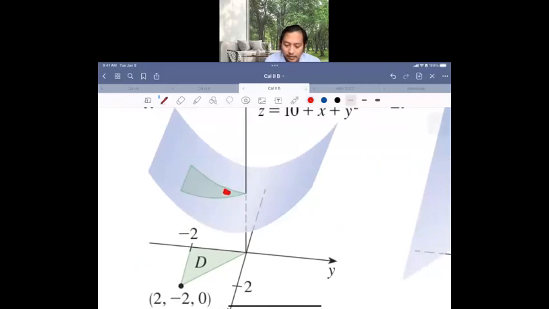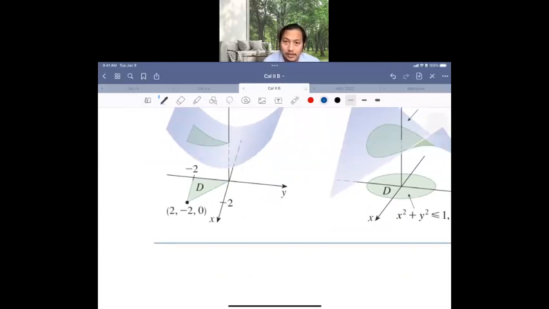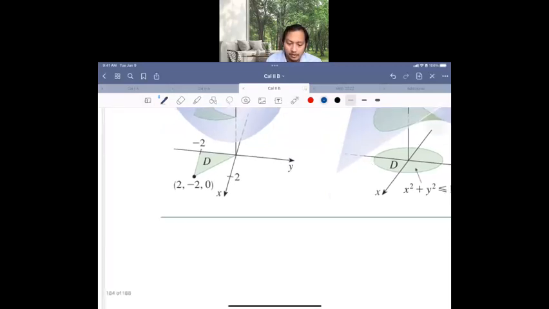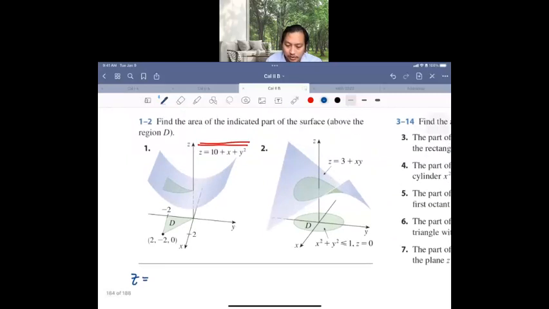If we take this tangent plane and add up all directions along the surface, then we could calculate the surface area. So the first thing we need to find is the components of the tangent plane, which are the partial x and partial y, and that is the component we need to find the surface area.